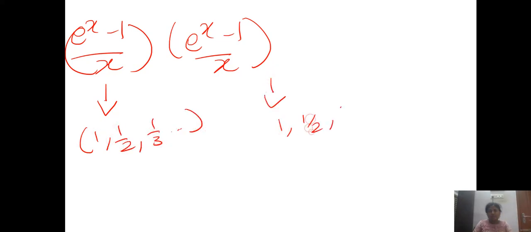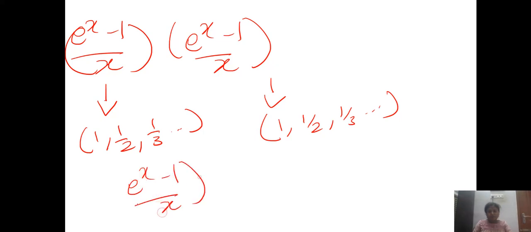So okay, fine. This is a generating function of 1, 1 by 2, 1 by 3 and so on, and this is also a generating function of 1, 1 by 2, 1 by 3 and so on. If you consider this as a of x and this as b of x, all you have to do is find the convolution of the two generating functions a of x and b of x. So e power x minus 1 divided by x the whole square will be the EGF of some sequence.